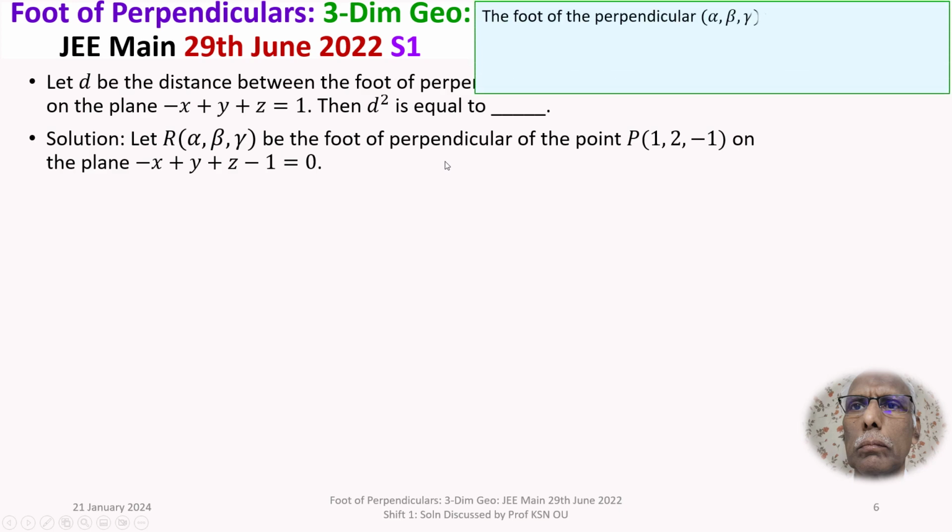Now let us recall a formula for the coordinates of the foot of the perpendicular from a given point on a given plane.